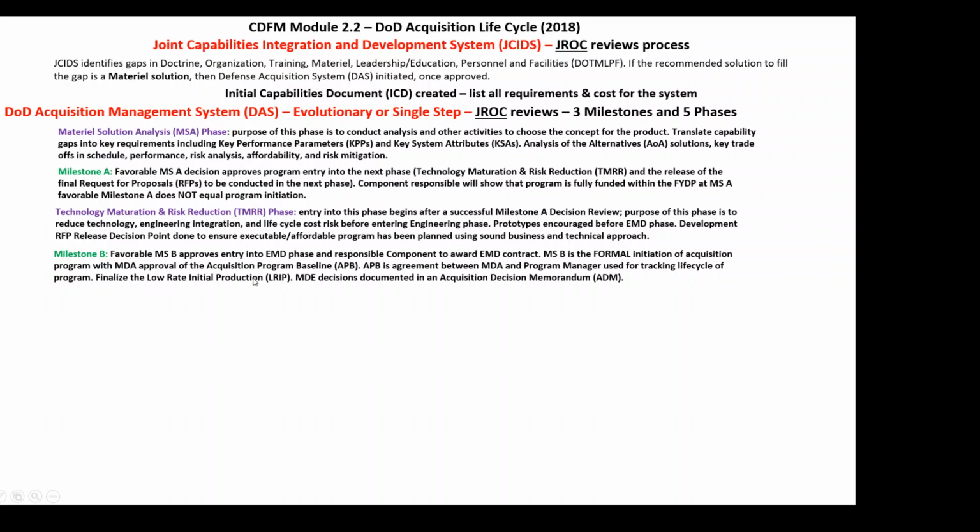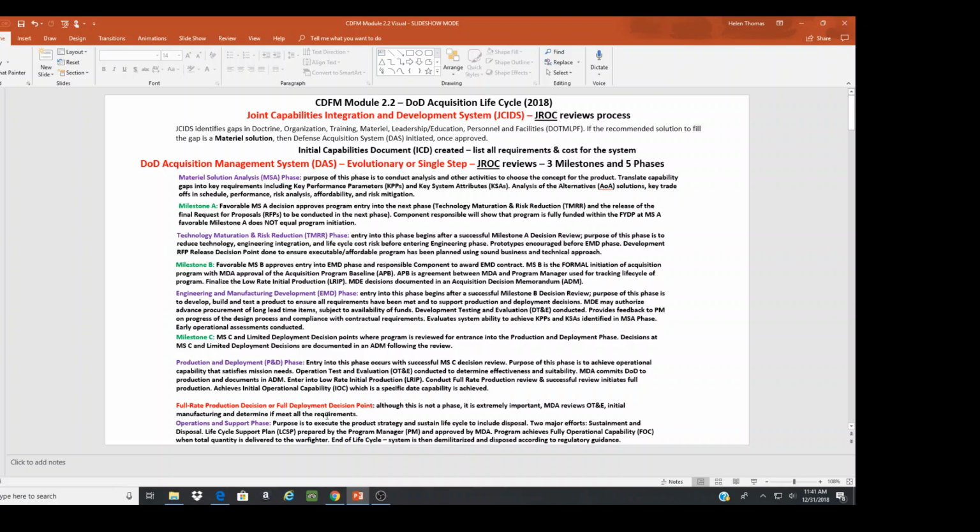What are we going to create initially to push out to the field, to test it, to make sure it's doing what we said it will do to fill the capability gap up here. So the MDA decision, so that actually should be milestone decision authority decision, documented in an acquisition decision memorandum, the ADM. And actually, let me go ahead and correct that.